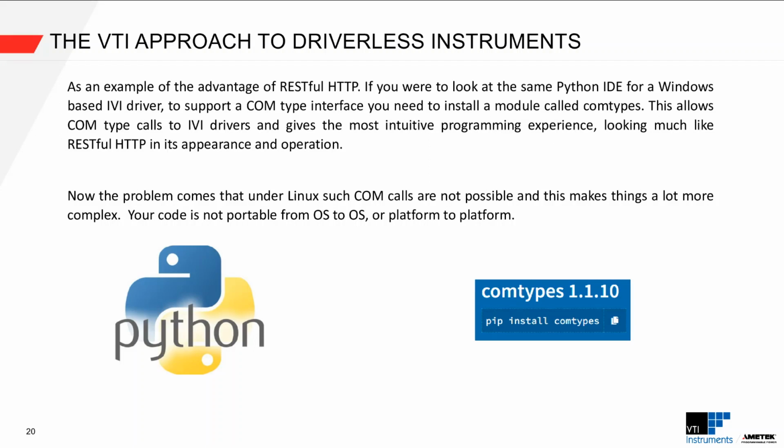The easiest way to do that, the highest level language, is to call those drivers in what's called a COM type interface. You either have IVI-C or IVI-COM, and COM is very high level and easy to understand, and it's pretty much a text-based control for your drivers. So in order to use that under Windows with Python, you have to import a module called comtypes, and that allows you to create those calls to the driver.